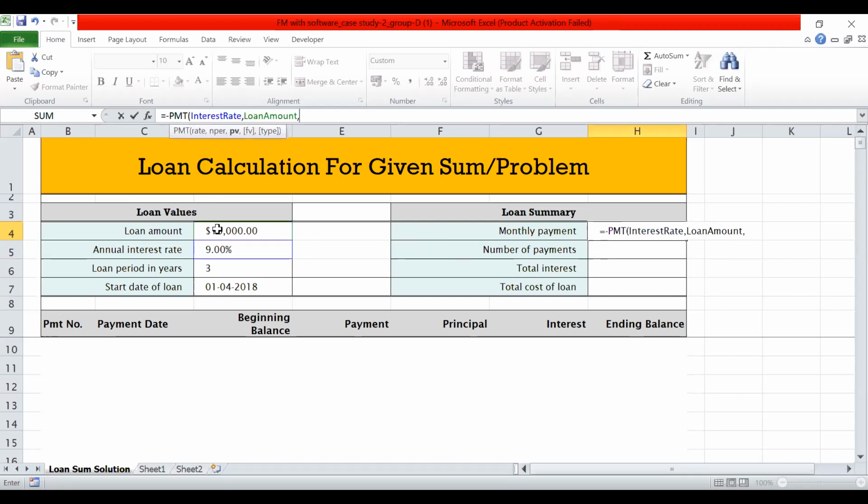Interest rate, loan amount, comma 0, comma 0. So one second.